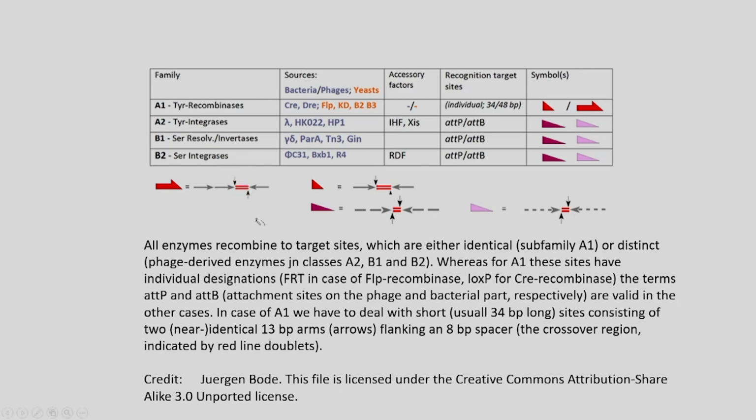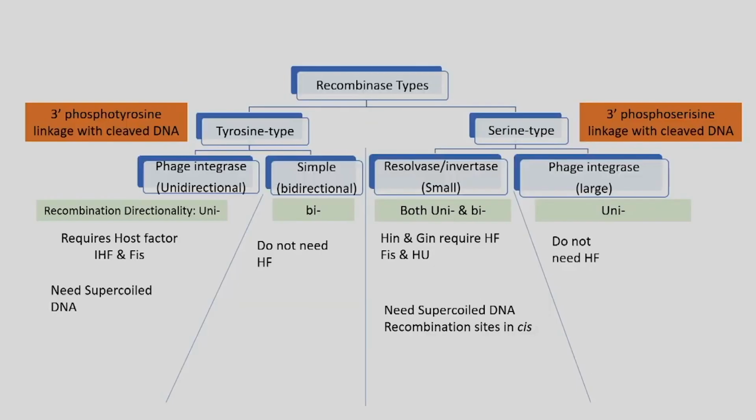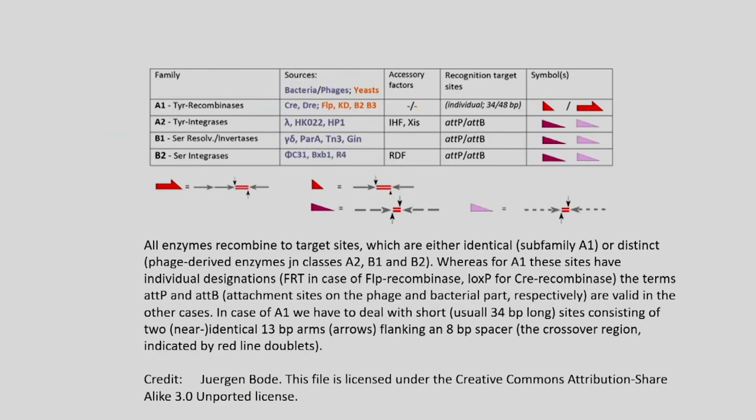So, let us look into this table to understand this discussion. We have the types of various recombinases, tyrosine and serine. You have tyrosine recombinases and tyrosine integrases, serine resolvases, invertases or serine integrases. And these are the sources: bacteria, phage and yeast, and you have the various members like Cre, Dre, FLP, KD.